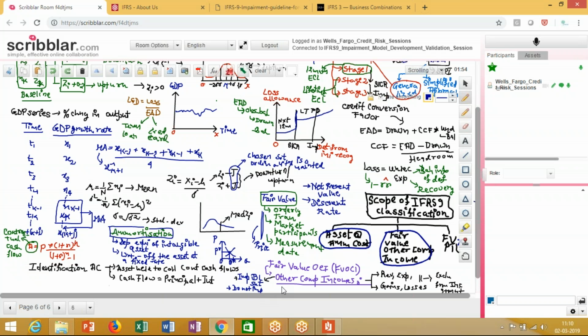So it impacts the balance sheet but it does not impact the income statement.